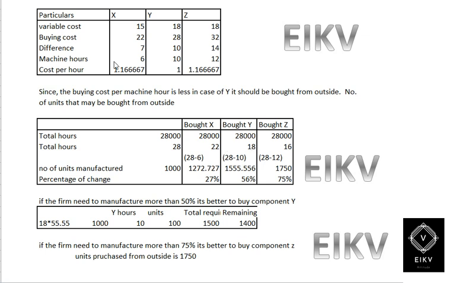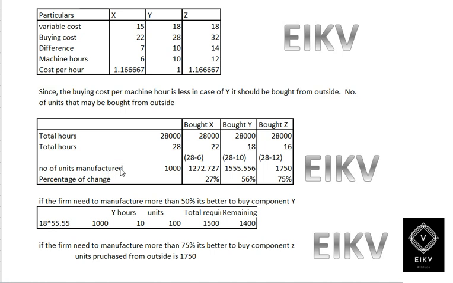And if Y is bought, then again, and if Z is purchased, then the machine hours used for product Z shall be removed, that is 28 minus 12, which gives you 16.